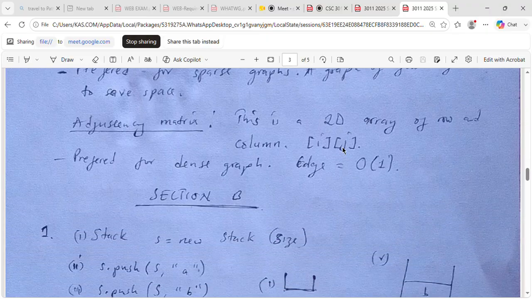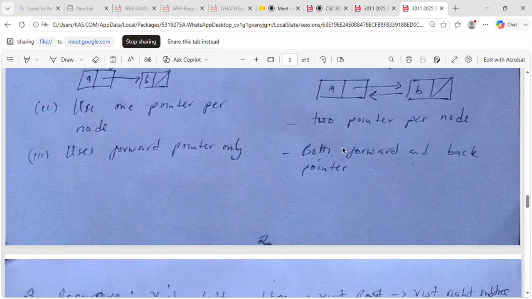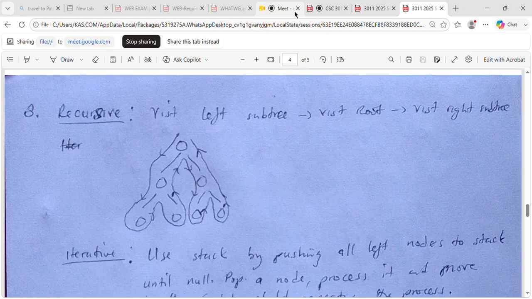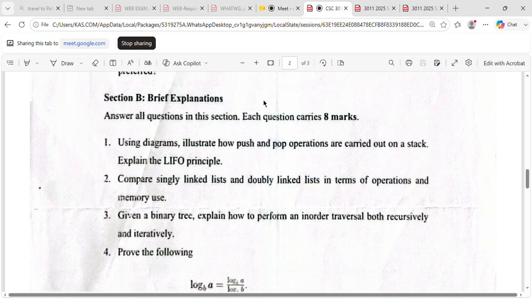When they say given a binary tree, it's a smart way of saying use a diagram. Then using that diagram that you are going to come up with, you explain how to perform an in-order traversal, both recursively and iteratively.